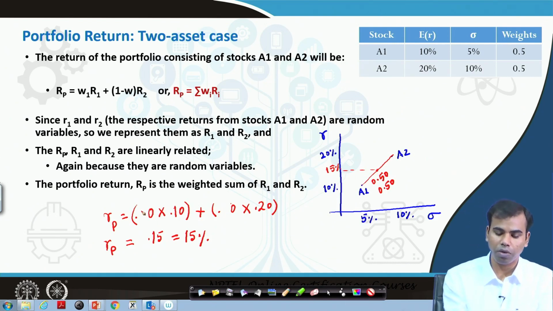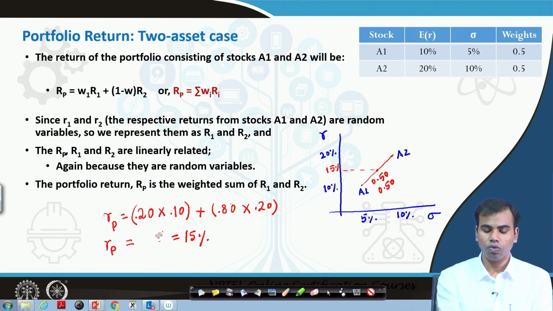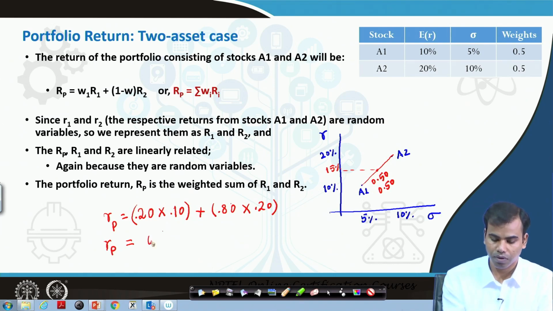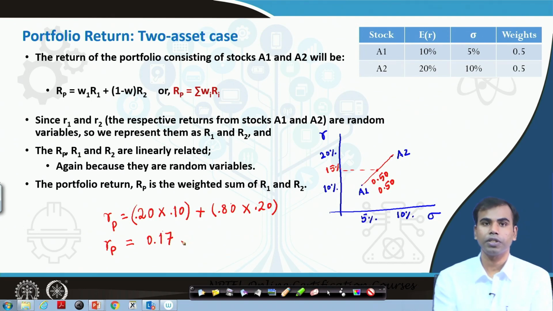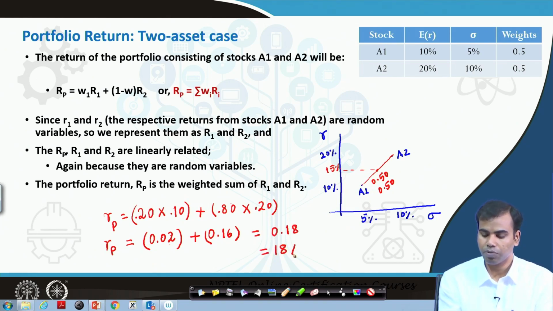So, the amount of money you have invested in A is 20% and the remaining 80% is invested in B. Then the calculation of return would take you to a different value of return on the portfolio, and basically the total return would be 18% from the investment that we are making.